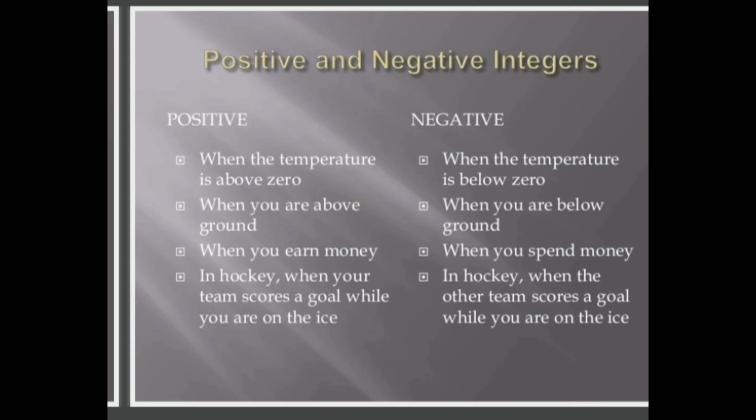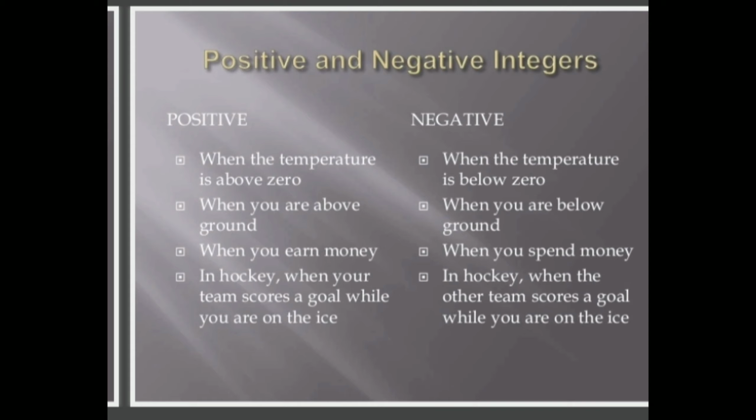When you are above the ground, the temperature is positive, we'll get positive values here. When you earn money it is positive, you have 5 rupees, 10 rupees is a positive value. In hockey, when your team scores a goal, you will get scores, 1 goal, 2, so it's a positive value. What about a negative value? When the temperature is below 0, when you go below the ground, what will happen?